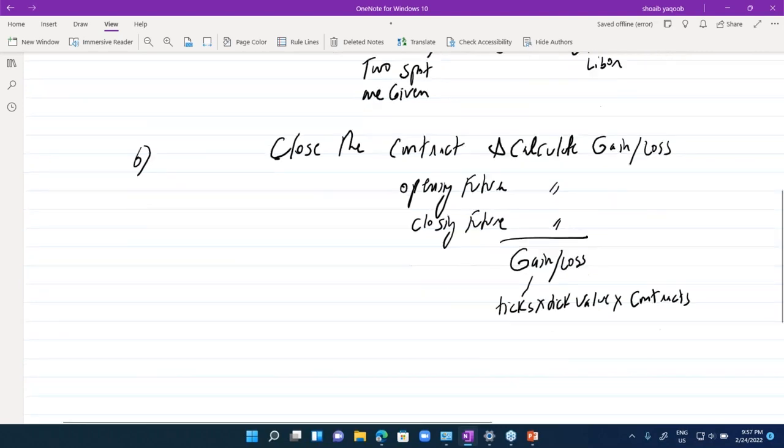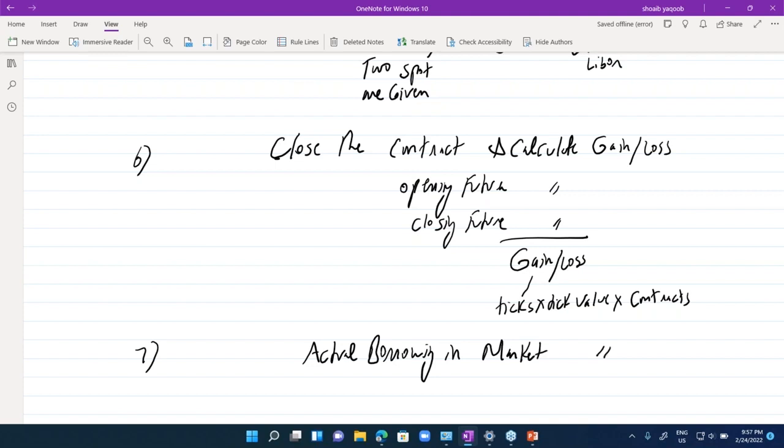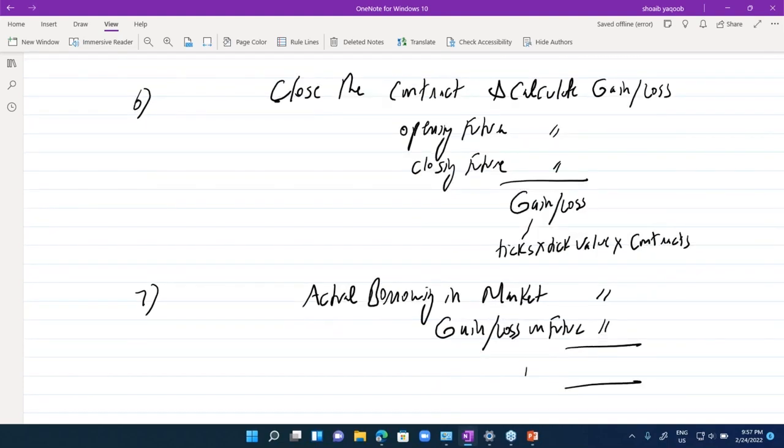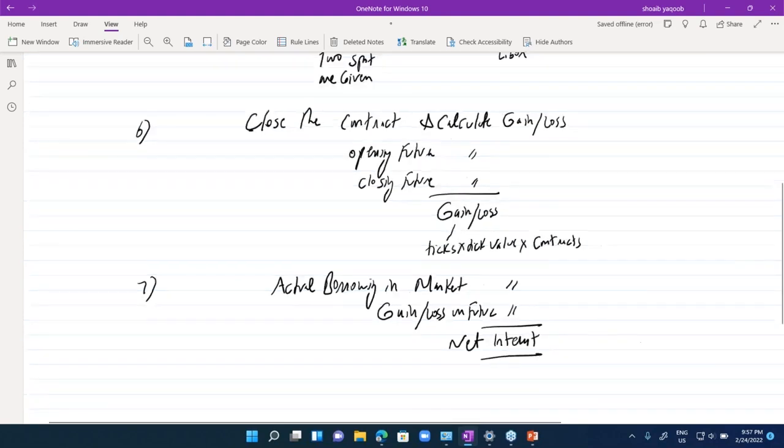And the last step will be actual borrowing in the market, gain loss on future. You will be calculating net interest payment or receipt.